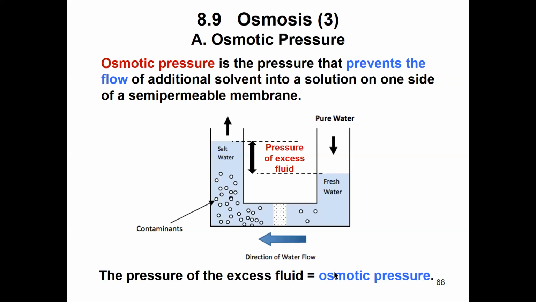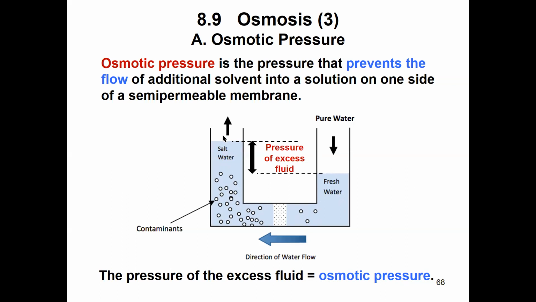The study guide was mentioning osmotic pressure. Osmotic pressure is the pressure of the excess fluid when water moves from one side to the other of the semi-permeable membrane. This changes the level of the liquid on both sides of the membrane. It will increase the level where there is more solute and decrease the level where there is less solute.